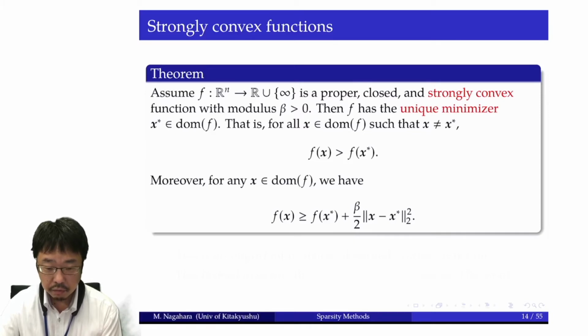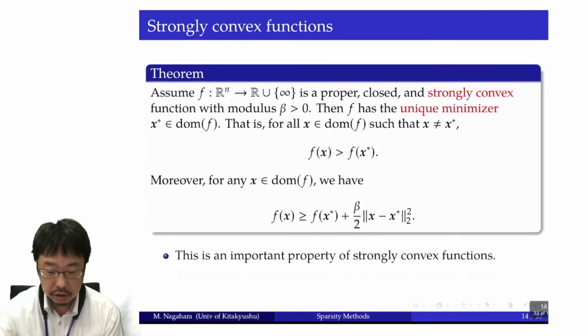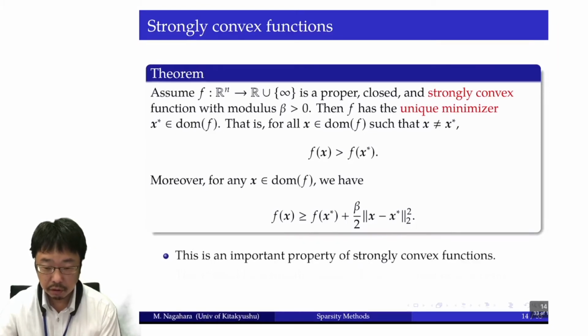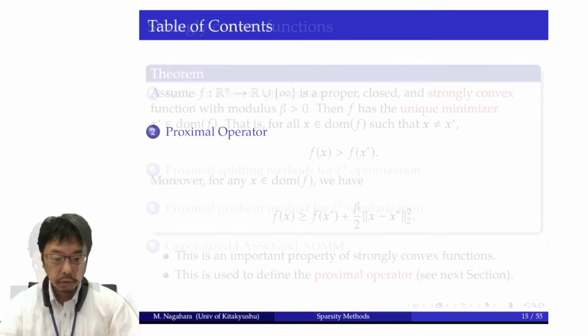Moreover, for any x in domain f, we have this inequality. This is an important property of strongly convex functions, and this is used to define the proximal operator, as we will see in the next section.